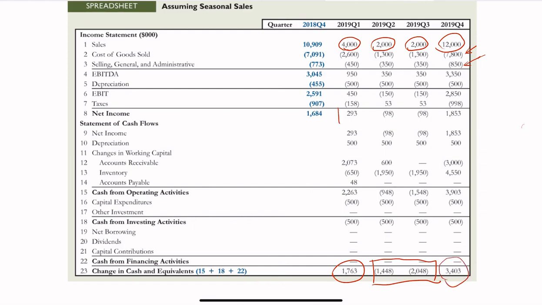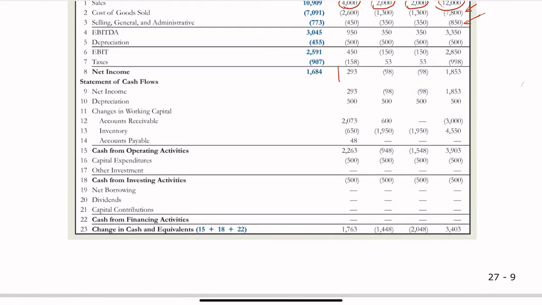So 3,400. Clearly, you can see that the firm will have to obtain short-term financing because for Q2 and Q3, the firm will have negative cash flows.